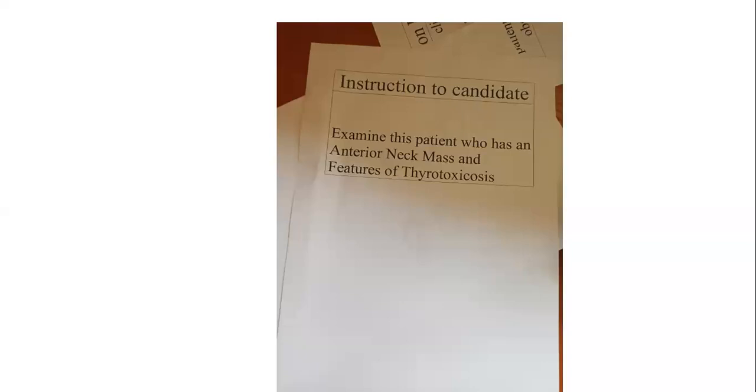But before that, you tell the patient to stick out his or her tongue. When you stick out your tongue, you look for movement of the thyroid gland. A thyroid mass should not move when the tongue is protruded out. But a thyroglossal duct cyst will move.